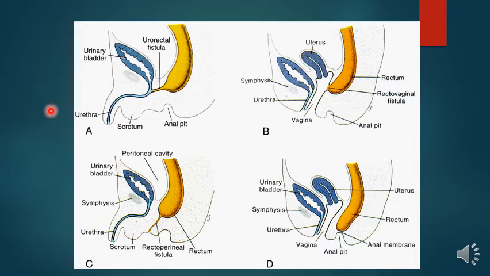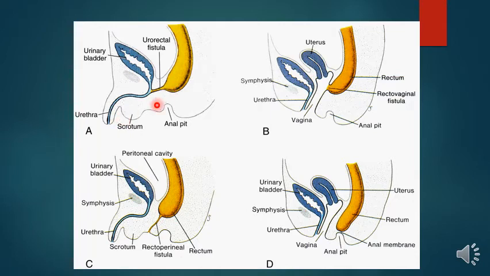Then in this image we are seeing some anomalies related to the development of the hindgut. So there are congenital anomalies of the hindgut, and these are the fistulas. A fistula is a communication that arises when there is a defective formation of the urorectal septum.